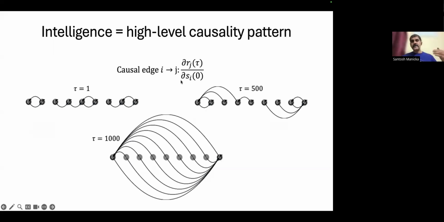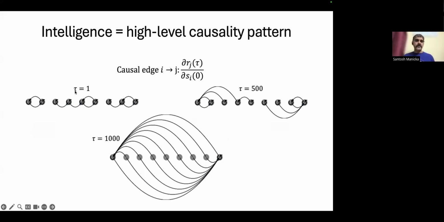So basically, the system I showed you before is a differentiable system. So you can compute derivatives of how the readout molecule changes over time as a response to small changes introduced in the signal, over any given point in time, so different time scales. And you can visualize these derivatives in the form of networks.